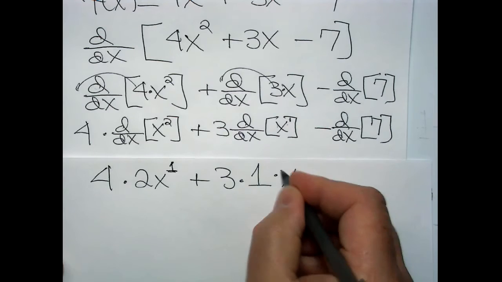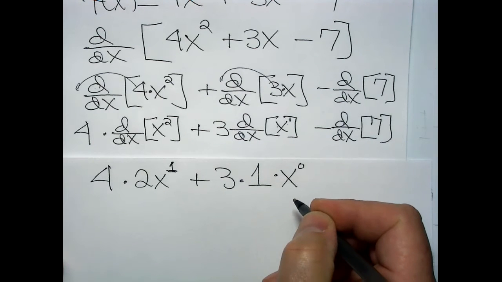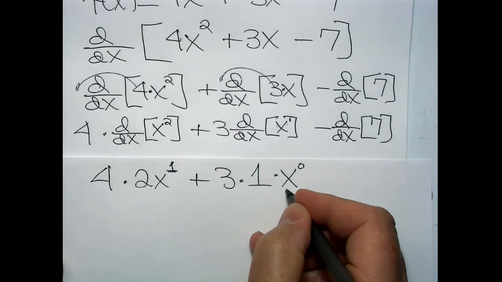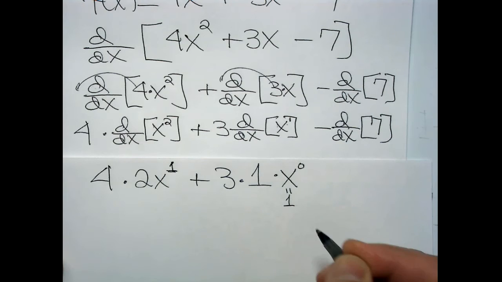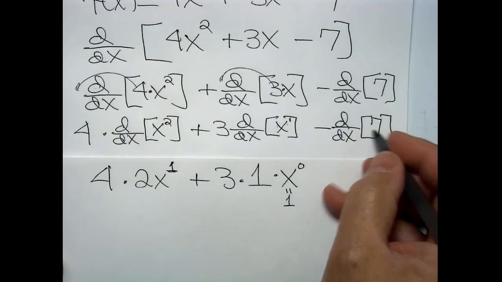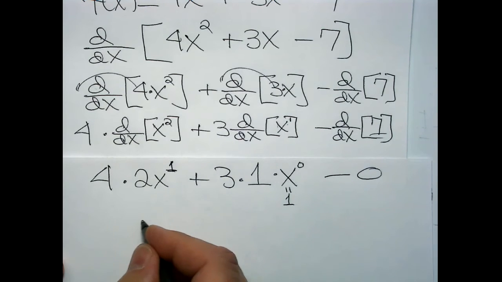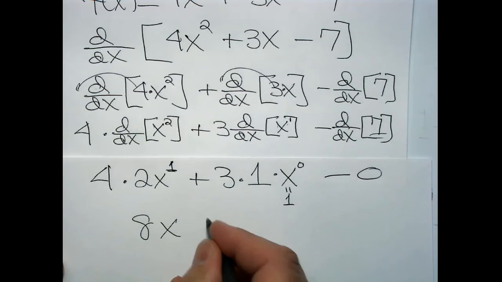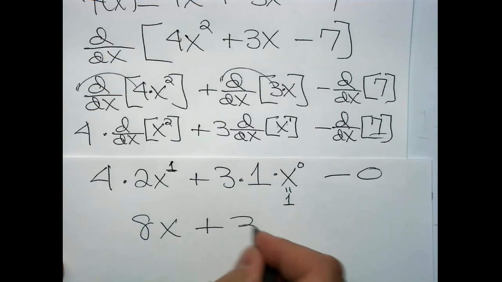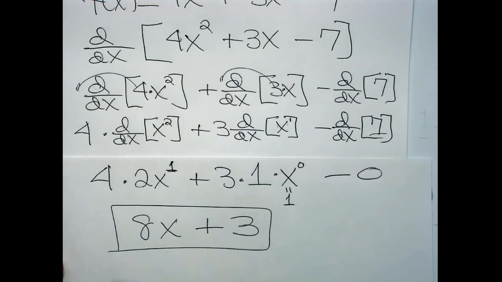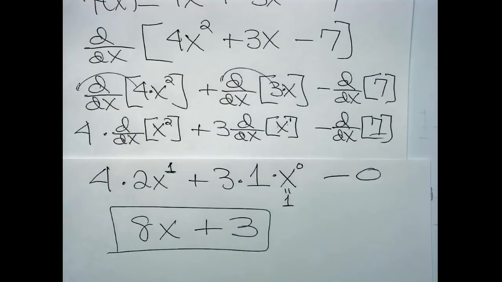Now deduct 1 from that exponent. But x to the 0 power is 1, isn't it? And over here you got the derivative of a constant, so you know what that is. Derivative of a lonely constant is 0. So the derivative becomes 8x plus 3. And that's the derivative of that function.